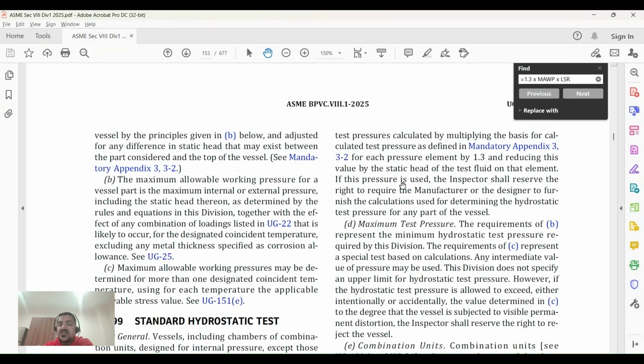If this pressure is used, the inspector shall reserve the right to require the manufacturer or designer to furnish a calculation used for determining the hydrotest pressure for any part of the vessel.